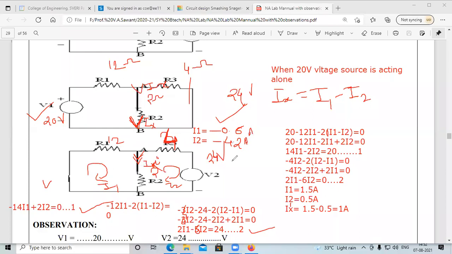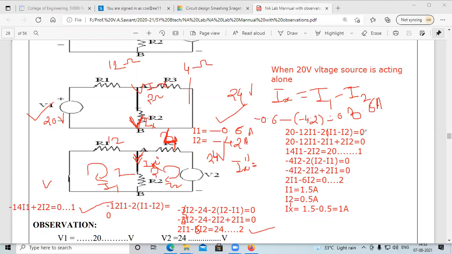Ix double dash is the current here: downward flowing current I1, upward flowing current I2. So I1 minus I2, that is minus 0.6 minus of minus 4.2. The answer is 3.6.